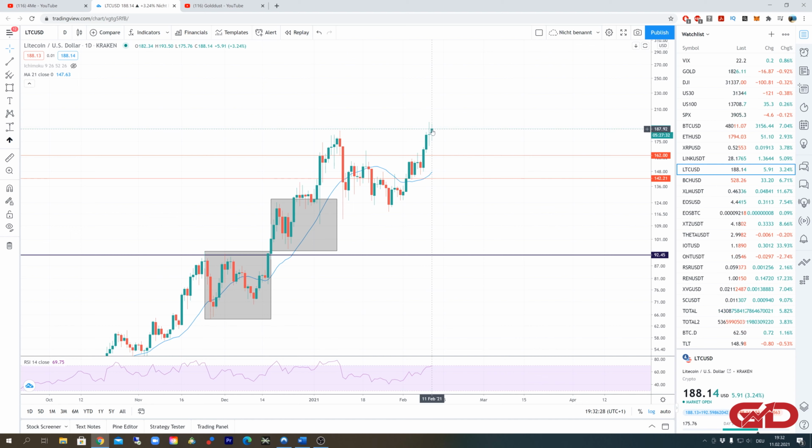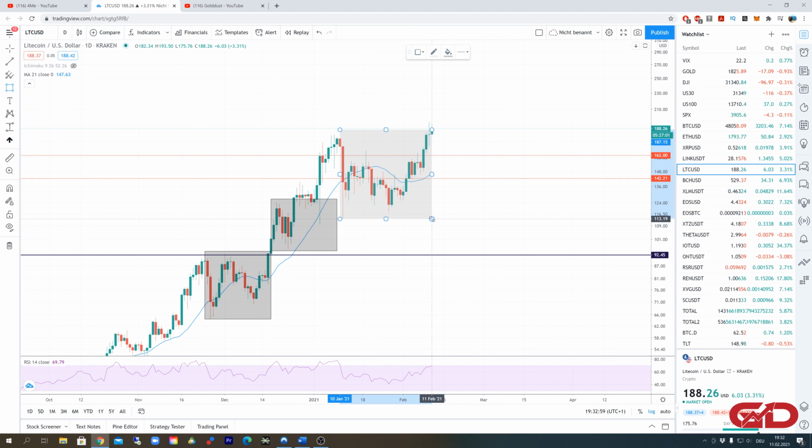The price target is not confirmed yet. It will only confirm if we have a daily candle close above the old local high at around 186.40.